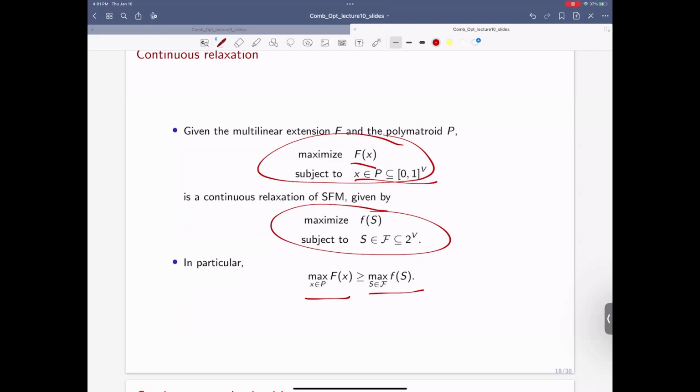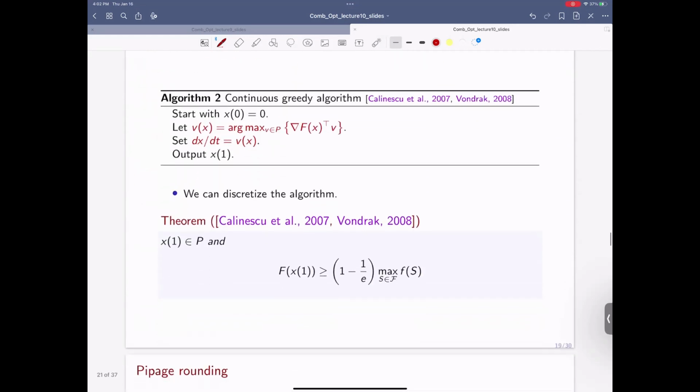When you have this complex matroid independent set constraint, it's not as simple as a greedy setting where you can always choose whichever element maximizes the marginal return. For a matroid, you need to keep that matroid structure, so you cannot add an arbitrary element to it, even though it maximizes the marginal return. To capture that, we are taking some continuous approximation of the problem. That's what it is.